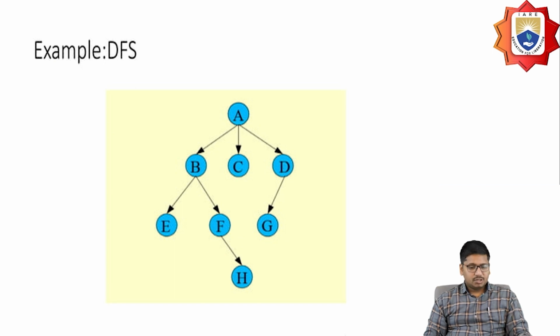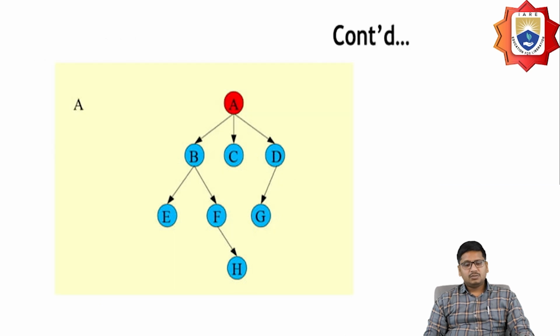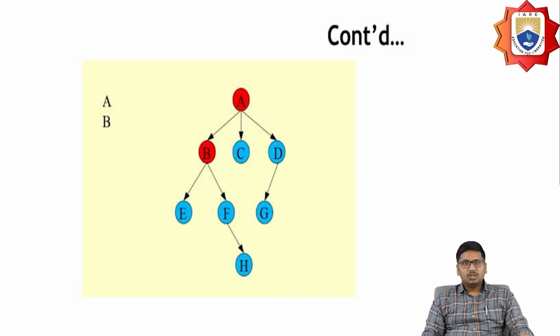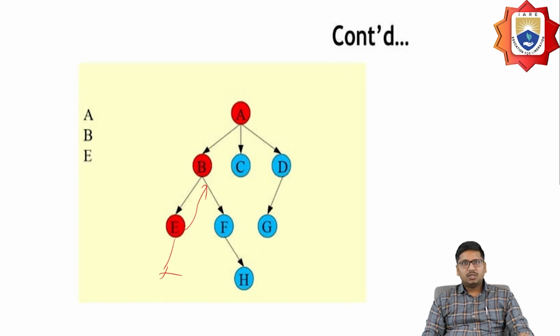So in depth first search, we have to visit the vertices. If I start with A, then I select the next node, that should be B, or I could select C or D as well. Once B is selected, what is the next level node?